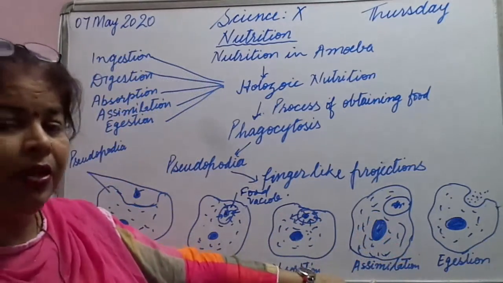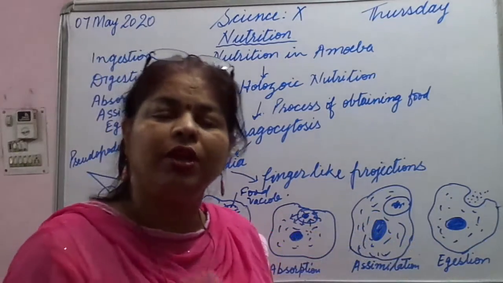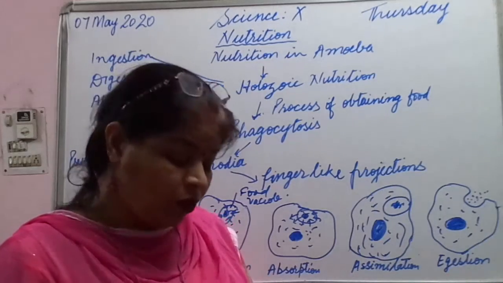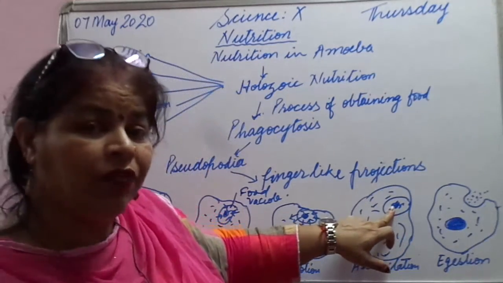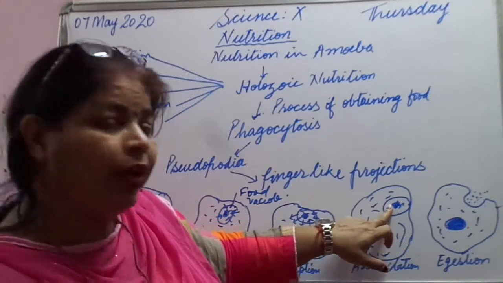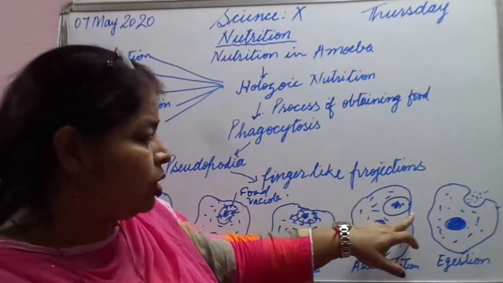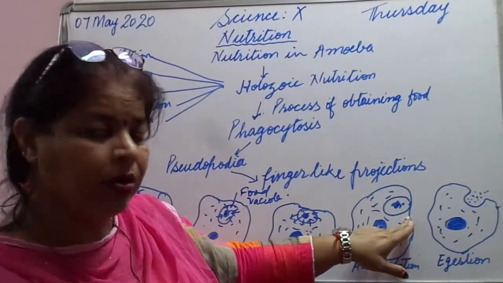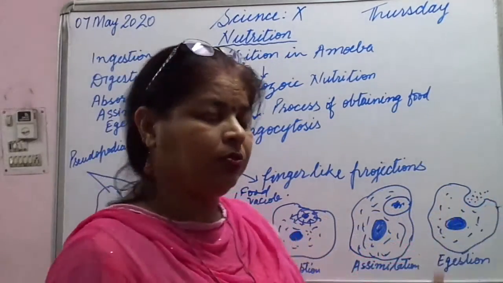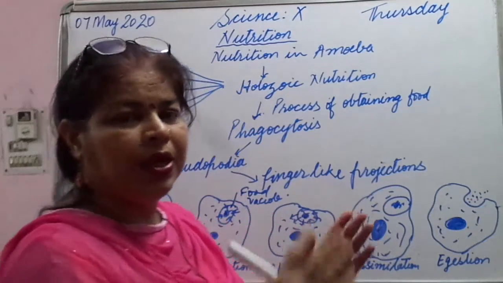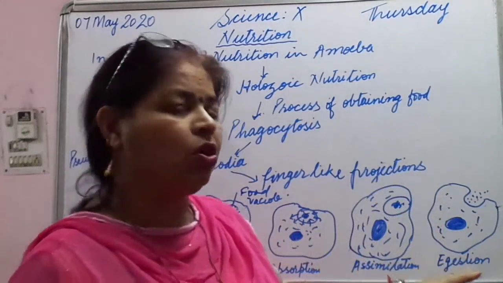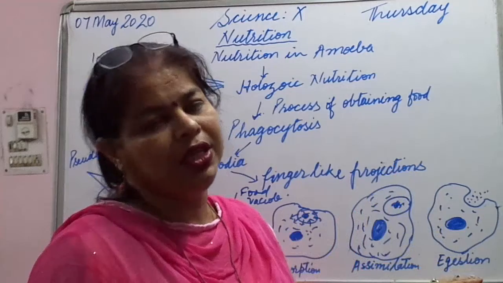The last one is that whatever leftover substances remain in the food vacuole are taken to the periphery of the cell membrane, where it bursts open and the waste material is expelled out. This step is called egestion.